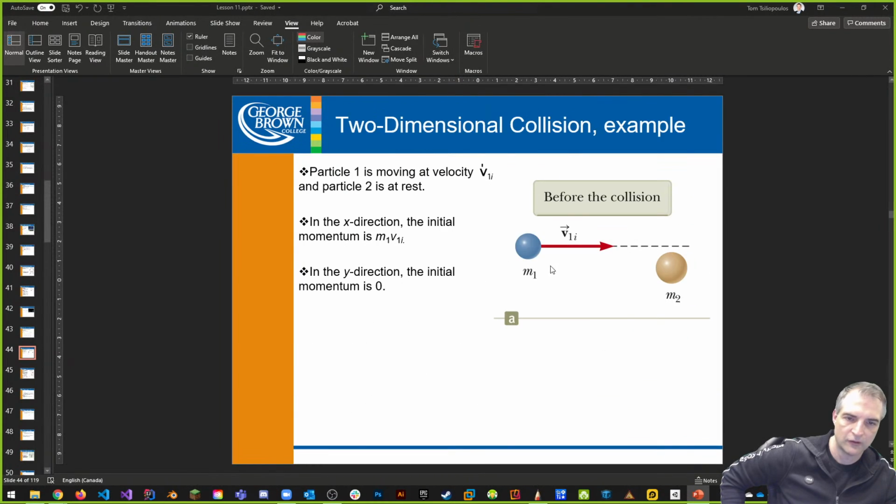Why is that? Well, because notice that they're offset. It's not a head-on collision. We're getting part of the energy transferred across the y-axis and part of the energy transferred across the x-axis, because you're hitting it at an angle, right?